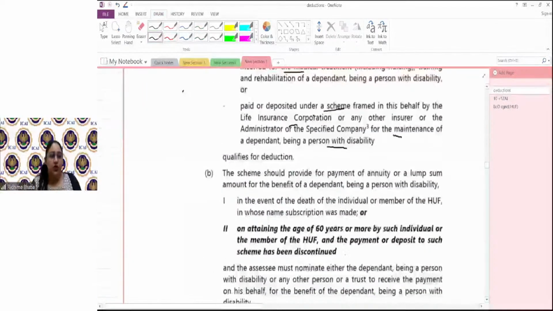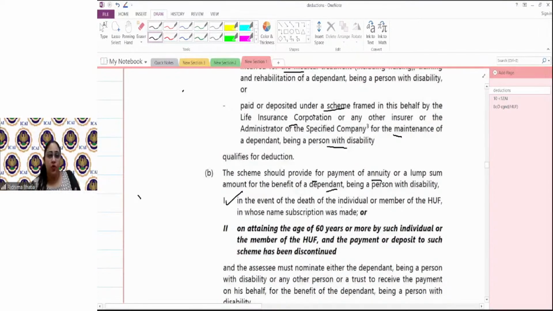The scheme which we're talking about should provide for the payment of annuity or lump sum amount for the benefit of the dependent, who is the person with disability, in the event of death of the individual or the member of the HUF in whose name subscription was made.